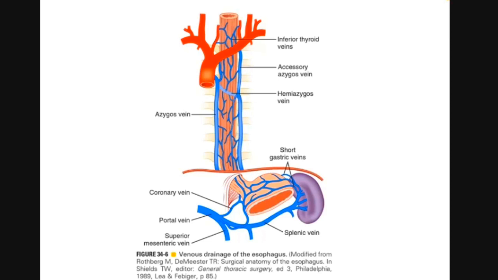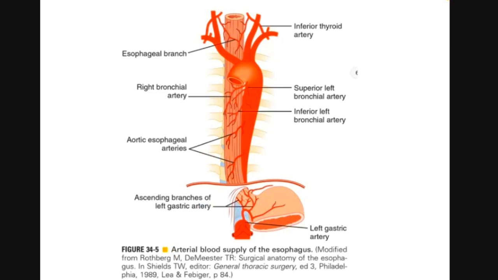In the abdominal part, the supply is from the short gastric veins and short gastric arteries. This is the arterial one, getting it from the inferior.